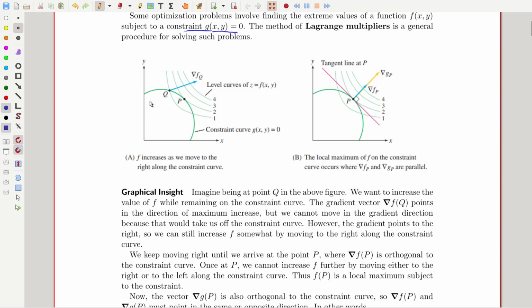So suppose that we are on the point Q on this constraint curve, g of x, y equals 0, and we want to maximize the value of the function f. Notice, if you take the gradient of f at the point Q, you'll get some vector pointing in some direction.